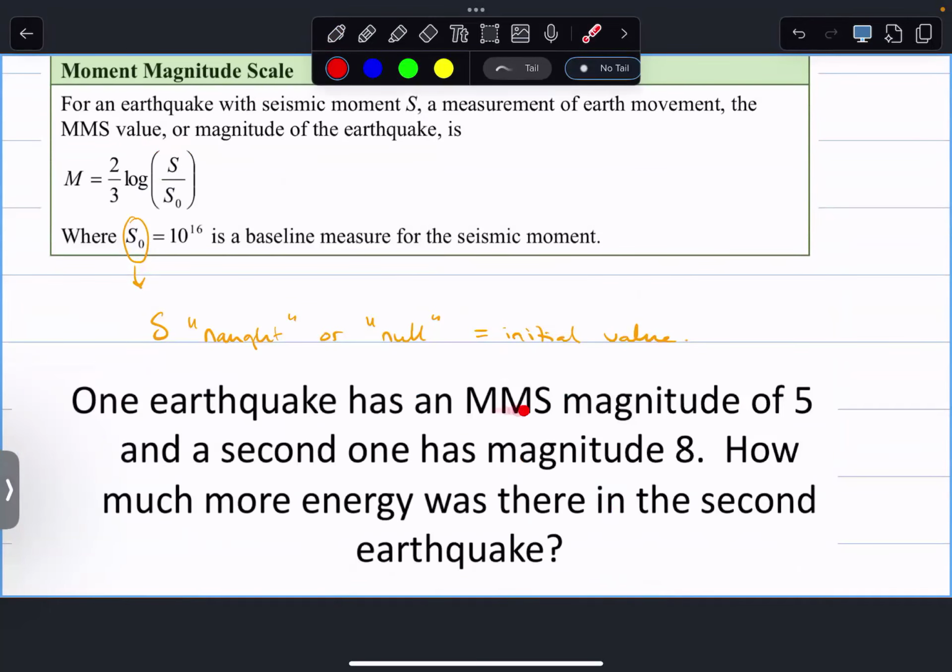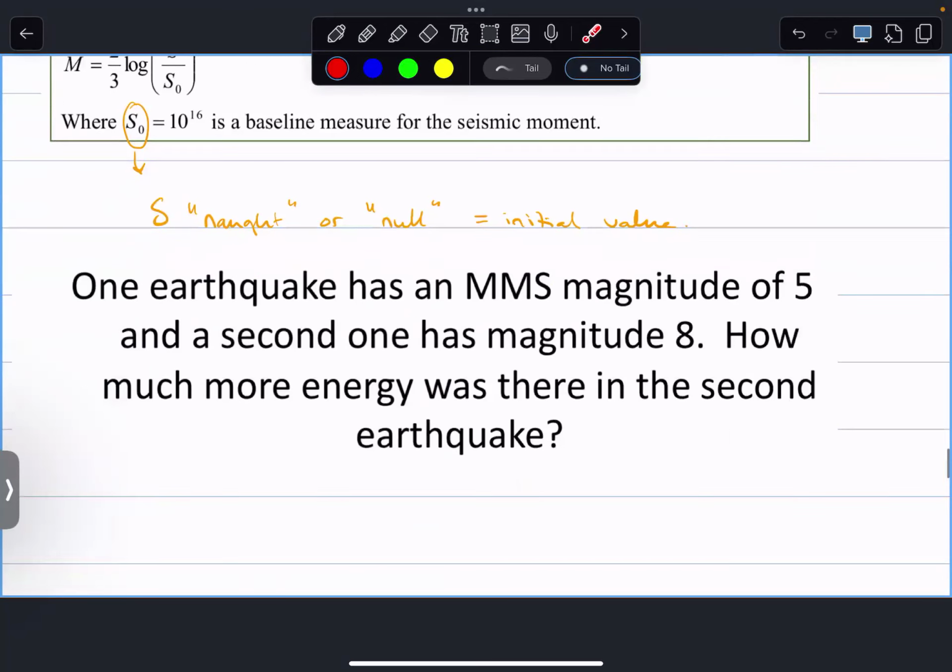If we have one earthquake that has an MMS magnitude of 5 and a second one has a magnitude of 8, how much more energy was there in the second earthquake? So how much more energy? Let's see here.